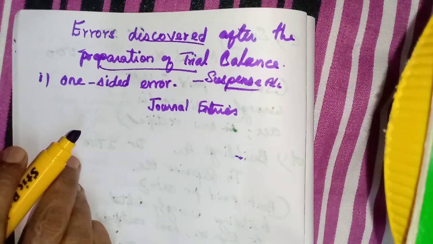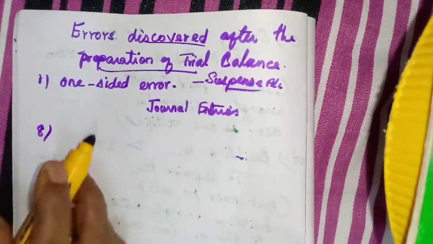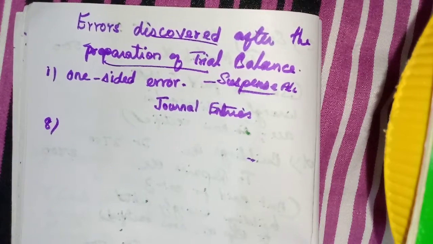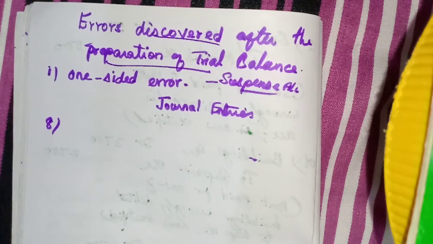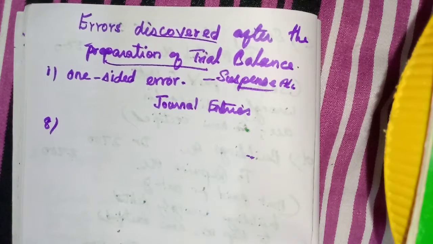Okay, so up to 7 we have completed. Now we will see 8. Take exercise 8 in your book. I cannot say the page number. In lesson 9, exercise 8: rectify the following errors discovered after the preparation of the trial balance.